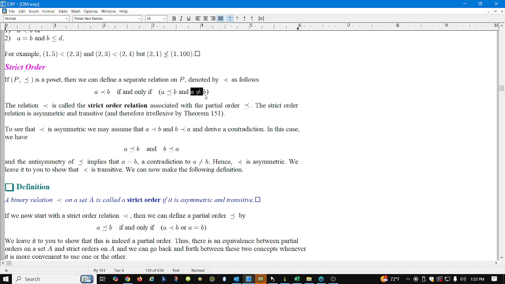Here it is. They're not equal. So that's our contradiction. That's all we need. And we know that the less than relation is asymmetric. And I'm going to leave it for you to check transitivity.